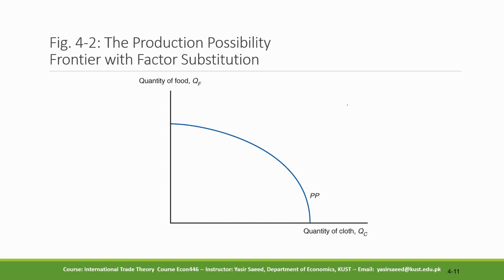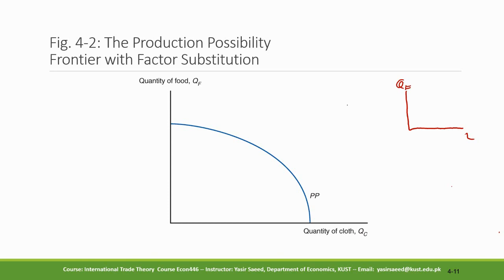Now, why is it bow shaped? The basic reason for that is that now we have two factors of production, and when keeping one factor of production constant and increasing the other factor, we have a decreasing marginal productivity. For example, we have the factor of production of land and we have the total output of food QF.